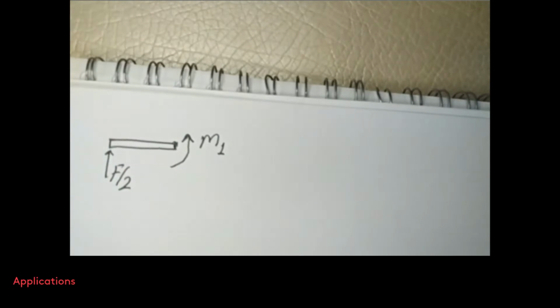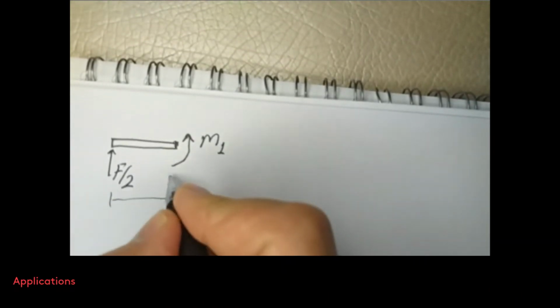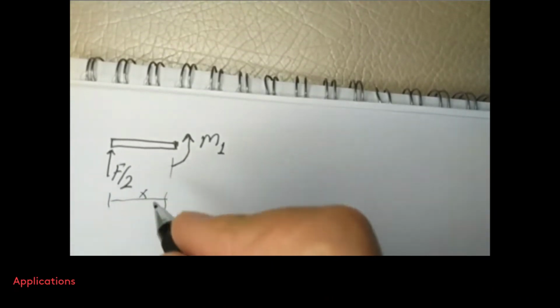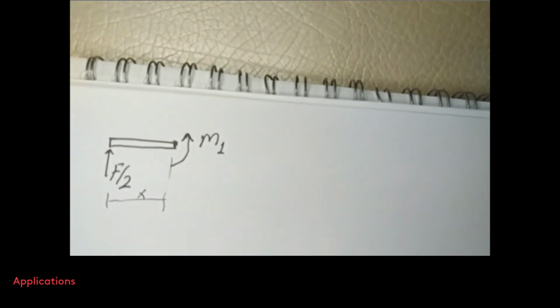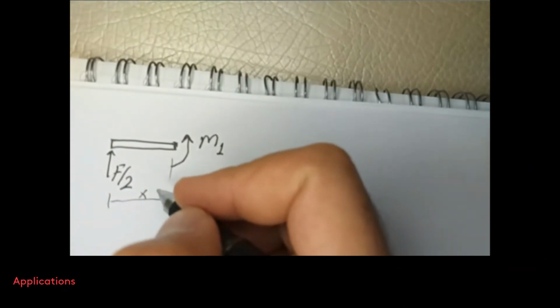And this is the location of the cut, X. In fact, again I will omit the shear force from the diagram at the moment. So simply M1 is equal to F divided by 2 multiplied by X.